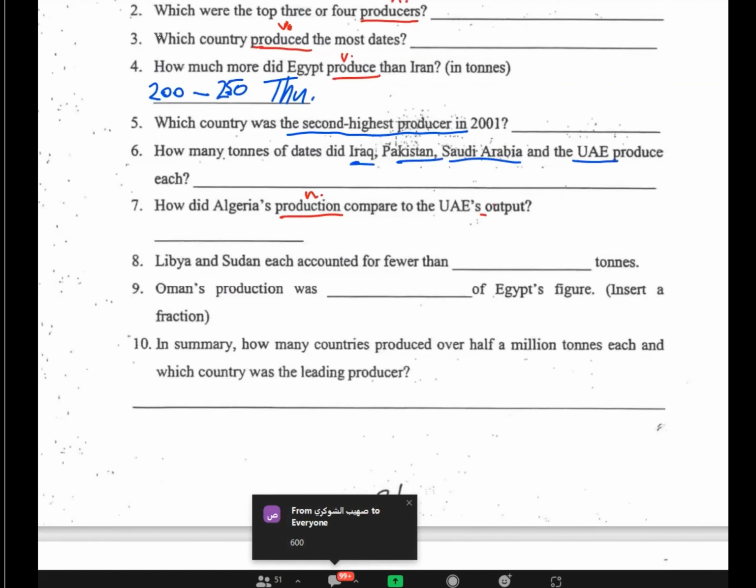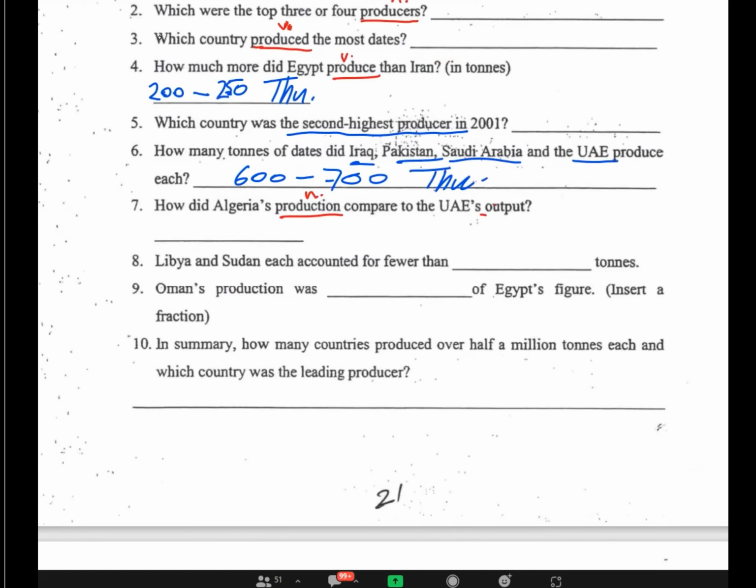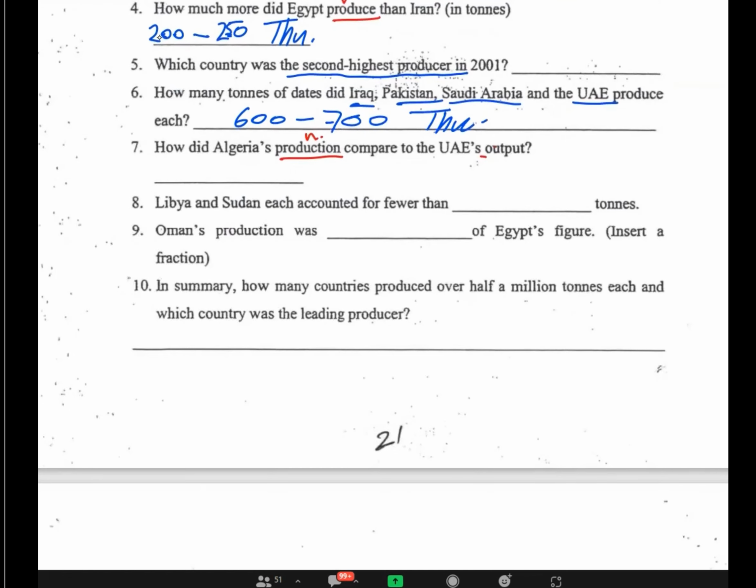Yeah, something like that. All of them, yes. How did Algeria's production compare to the UAE's output?